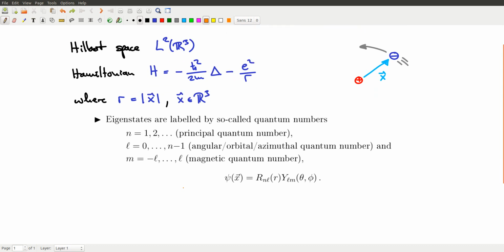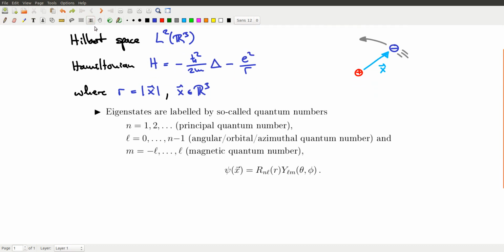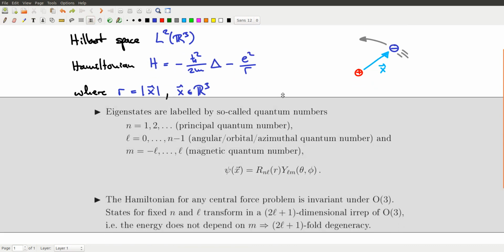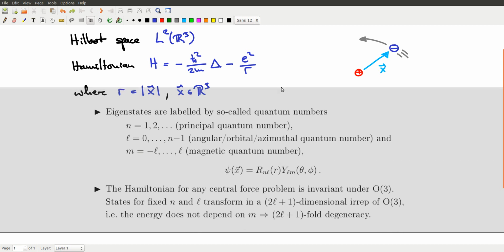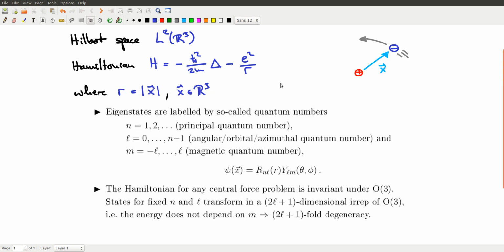And now when you go on and analyze this system a bit further, you find that for any central force problem, the Hamiltonian is invariant under O3. So what do I mean by central force problem? I said here the force between the electron and the nucleus is described by this term here, and it's a central force problem if this term only depends on r, but maybe in a different way.